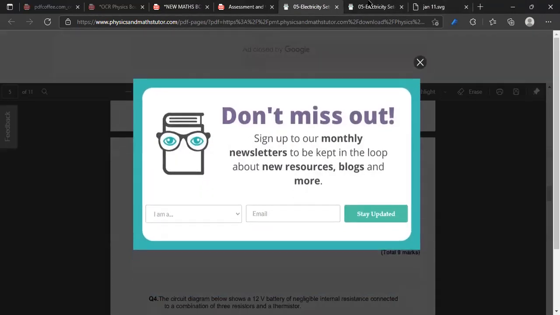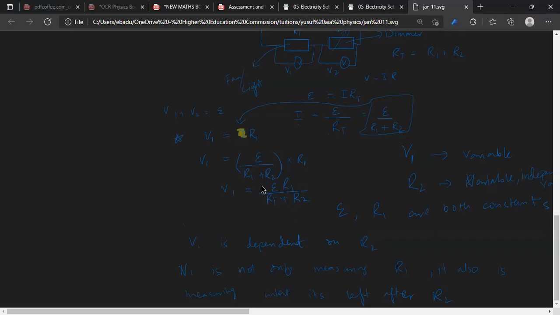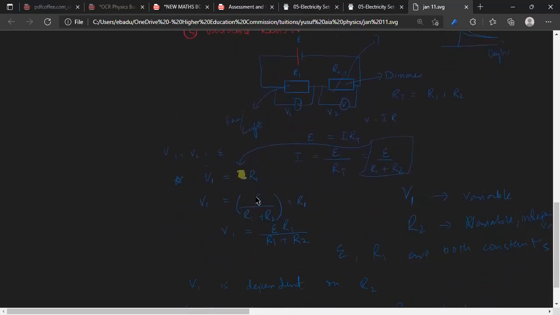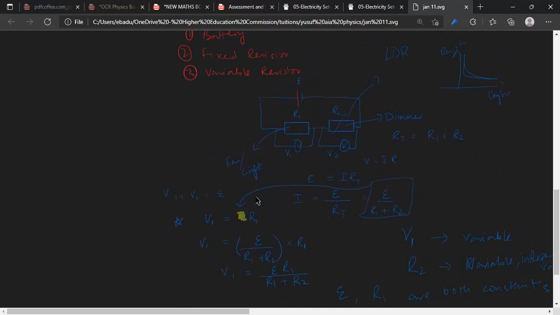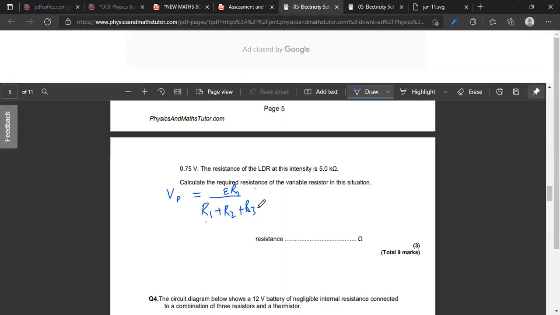So what we did was V equals epsilon times R3 divided by R1 plus R2 plus R3. We have everything except R2. R1 is 5 kilo ohms, R3 is also 5 kilo ohms, and V is given to be 0.75 volt because that's how much we need.